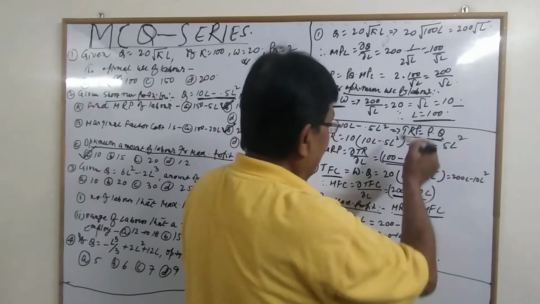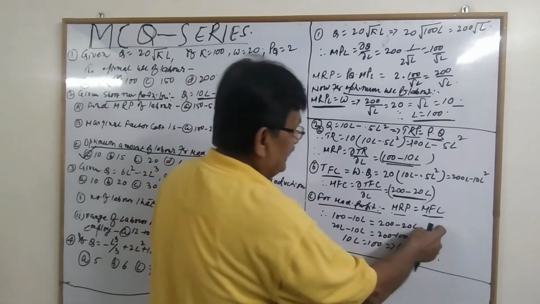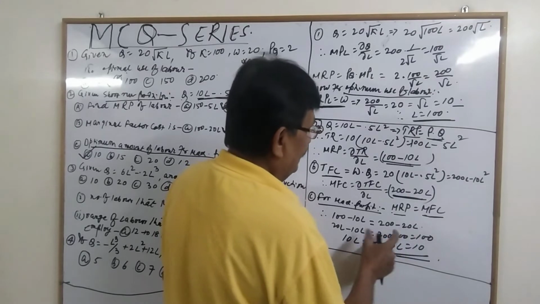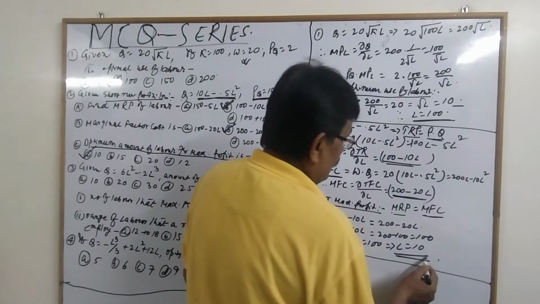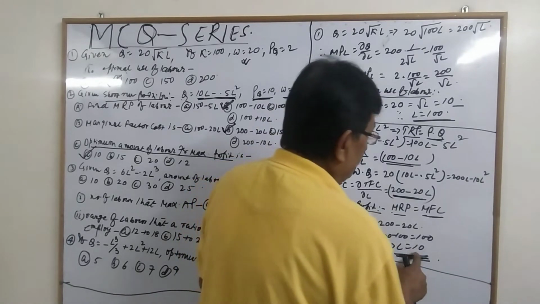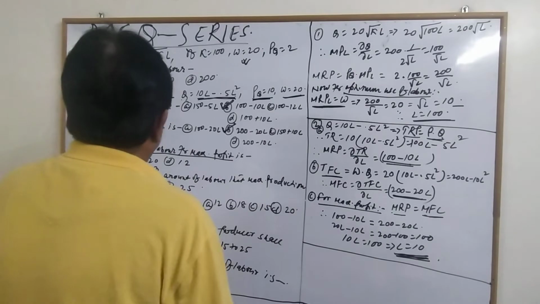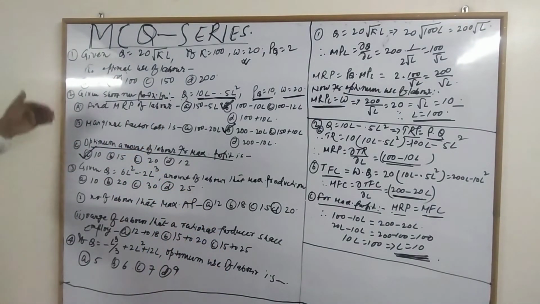Both of these have been calculated earlier. MRP is 100 minus 10L and marginal factor cost is 200 minus 20L. When this is solved, L becomes 10. So to maximize profit, the amount of labor to be used must be 10. So the answer is 10. This is how these two questions have been solved.